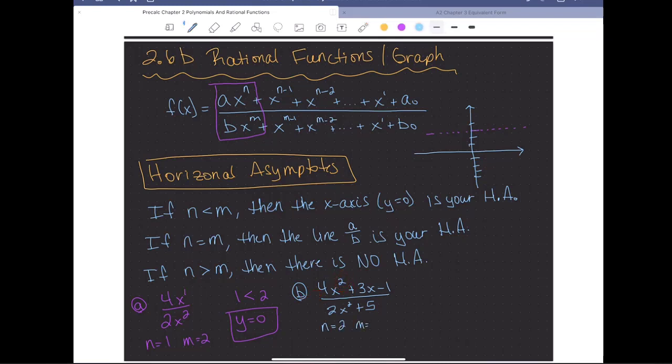I'm going to do the same thing for the bottom, and my highest degree is going to be a 2. So I'm going to do my little 2 and 2. We know that those are going to be equal, which is going to be this second one. So then it's going to be the line A over B. So y is going to equal, my A is 4, my B is 2. So y is going to equal 2.